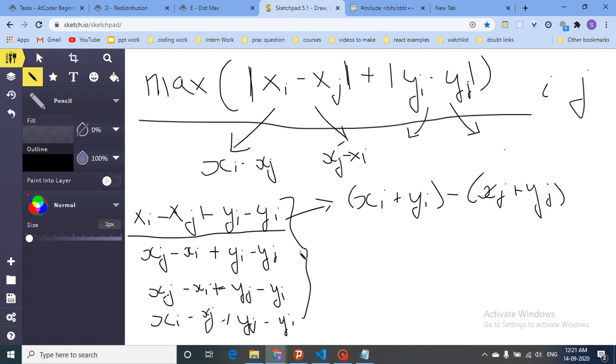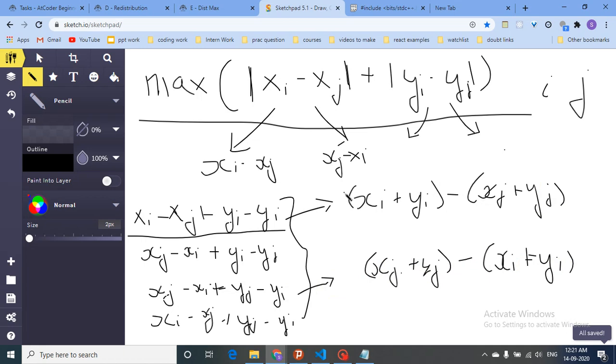It can be like this, or you can take it like this also, which is xj plus yj minus xi plus yi. So you're just reversing it, you have just put a whole negative on this value.